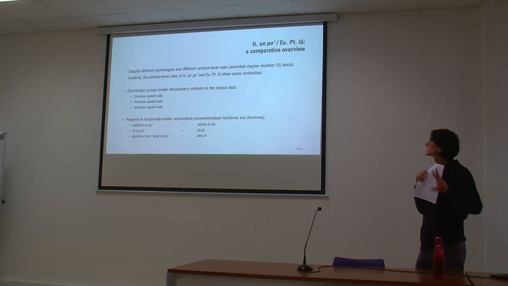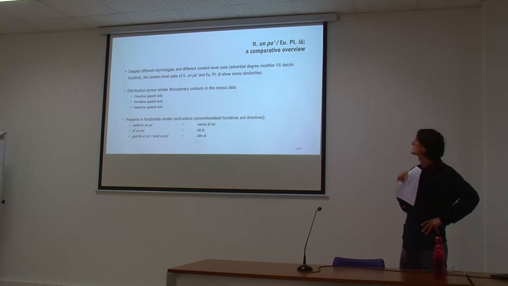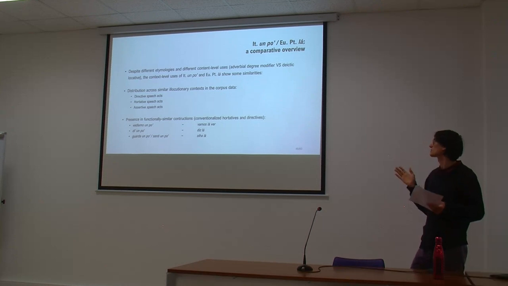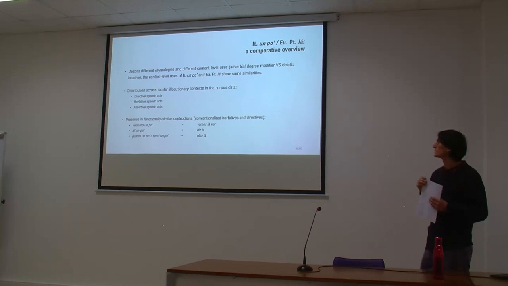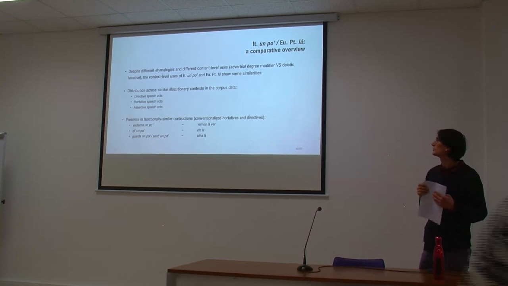We saw that despite different etymologies and different content level uses, the context level uses of these two elements show some similarities. And it's interesting to notice that we can find them, at least in this corpus data, because la can appear also in interrogative speech acts, but at least in the corpus data, here we find it in directive, hortative, and assertive speech acts.